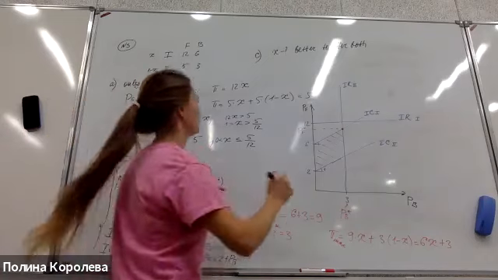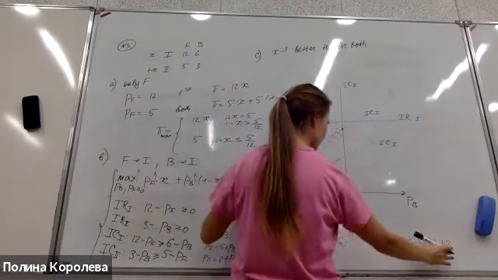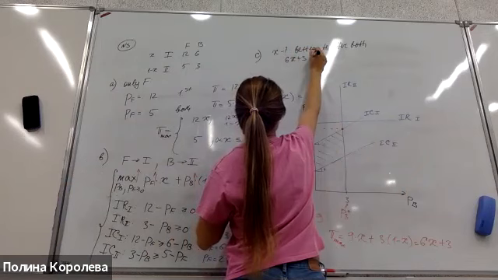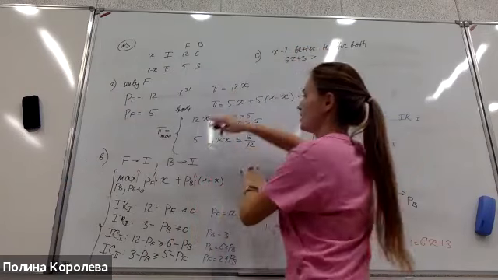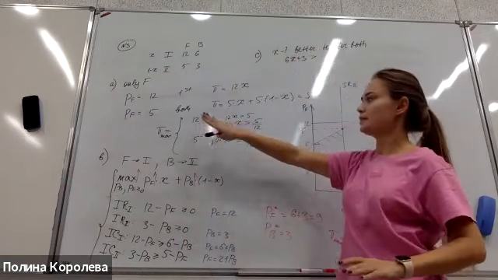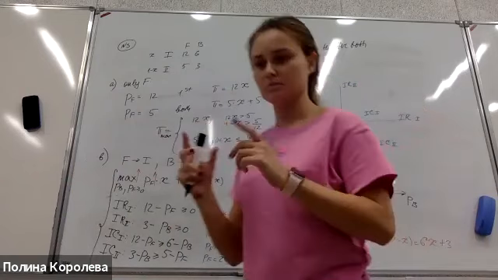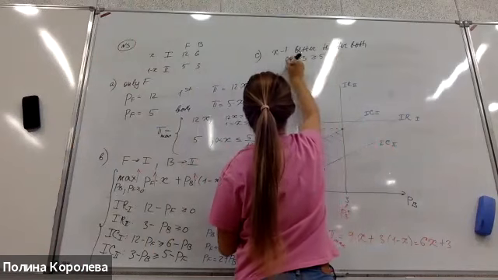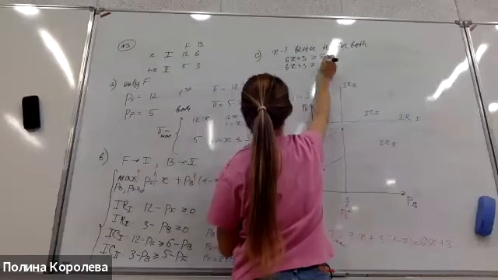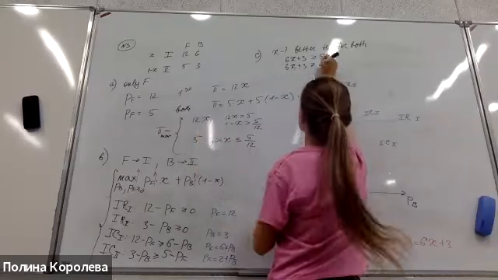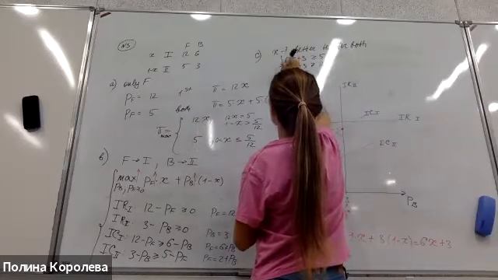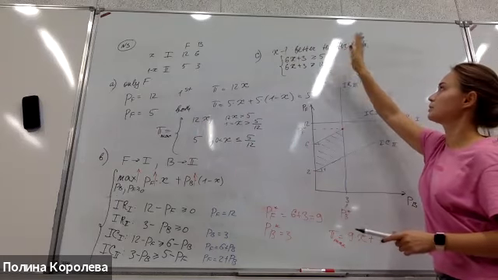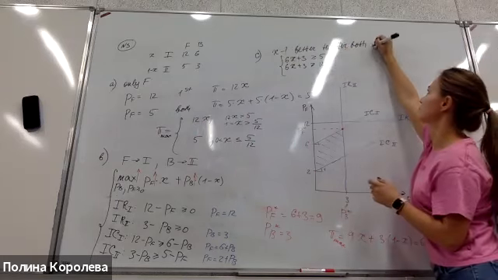So when profit 6x plus 3 will be bigger than 12x and bigger or equal to 5x plus 3 at the same time, it's better to offer both versions.